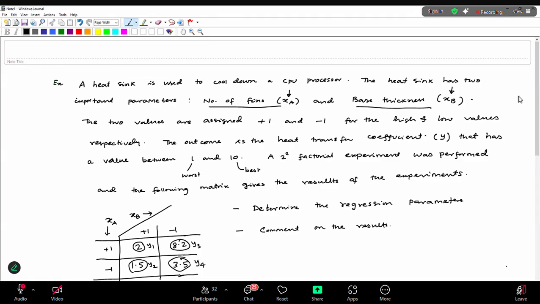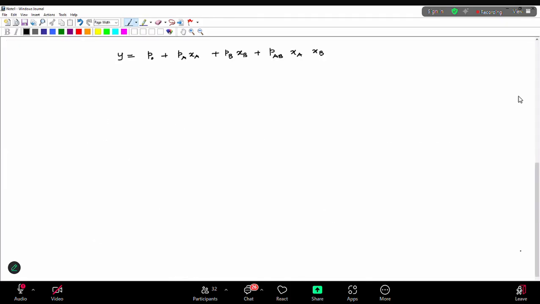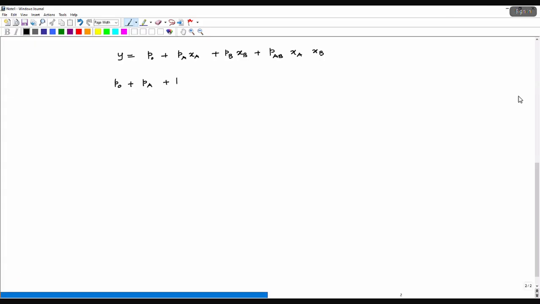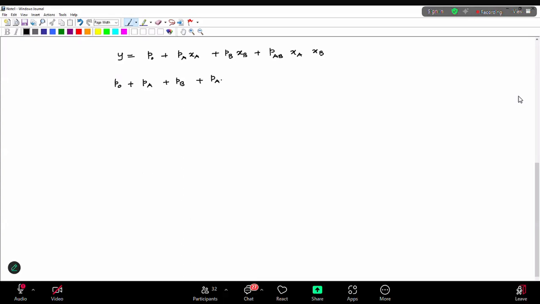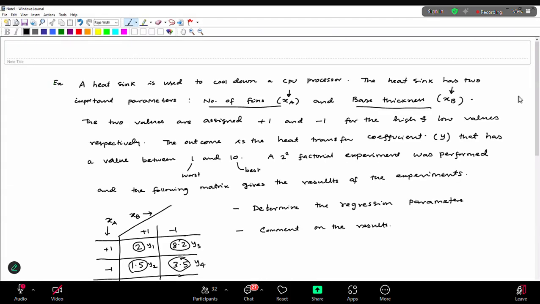So you can actually get the equations. So you have P naught plus PA plus PB when XA and XB are both 1, plus PAB will be equal to 2. That is the first one here.